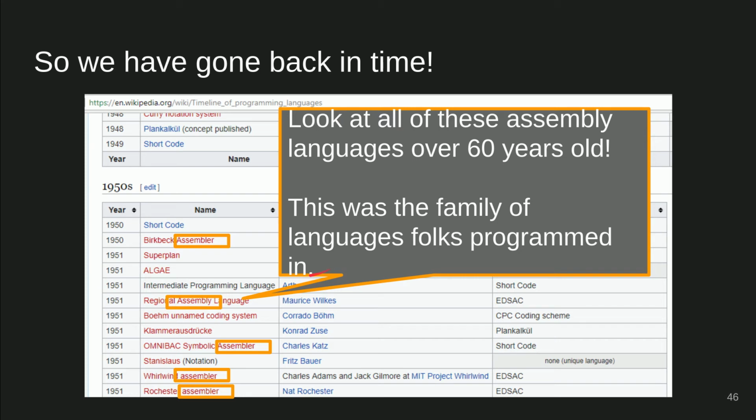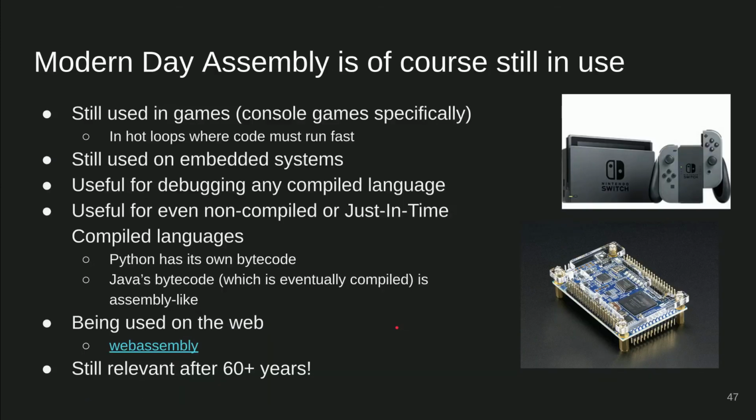Back in the 50s, assembly language is what was used, 60 plus years old at this point. And it's still used in games. You can talk to me about games if you want. People still write pure assembly code. And if you've used JavaScript, or even Python, which most people have used, it has its own sort of assembly language called bytecode that's used behind the scenes.